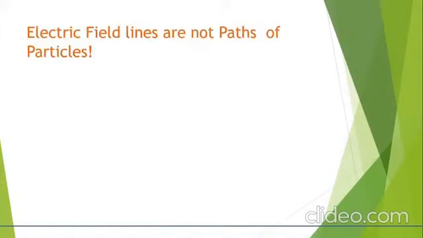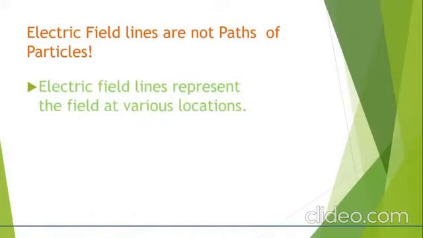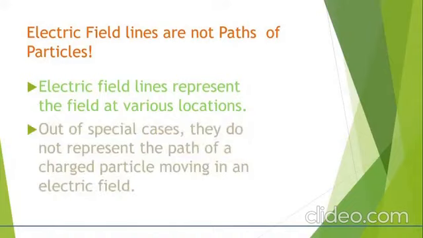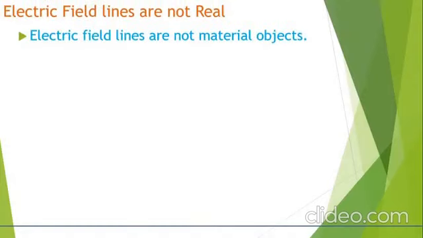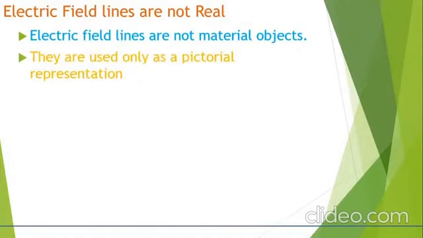I would like to share that electric field lines are not the paths of particles. The electric field lines represent the field at various locations, and except in very special cases, they do not represent the path of a charged particle moving in an electric field. Also, electric field lines are not real and are not material objects. They are only used for pictorial representation to provide a qualitative description of the electric field.